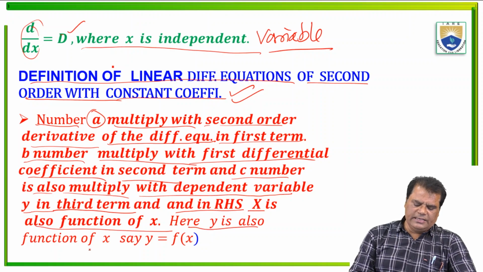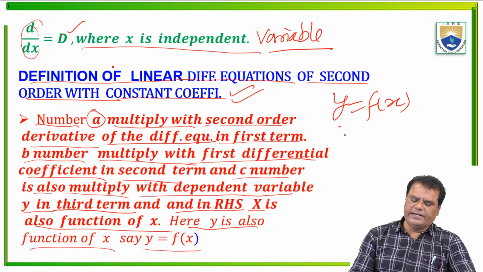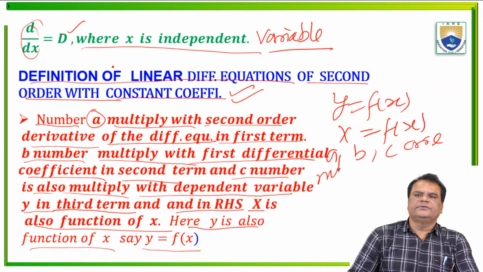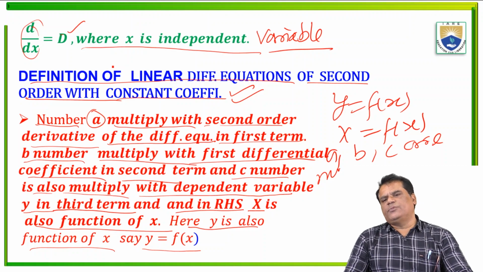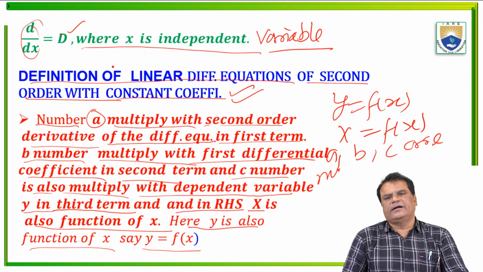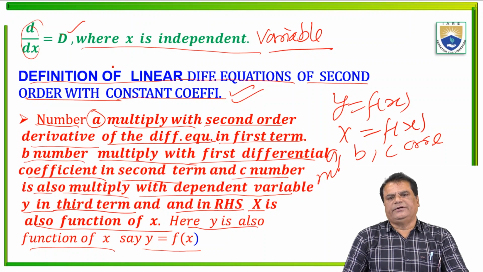Here y is also a function of x, say y equals f of x, and capital X is also a function of x. A, b, c are numbers. This type of differential equation is known as a linear differential equation of second order with constant coefficients.